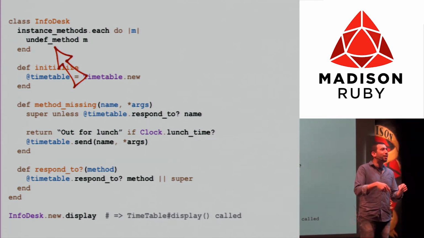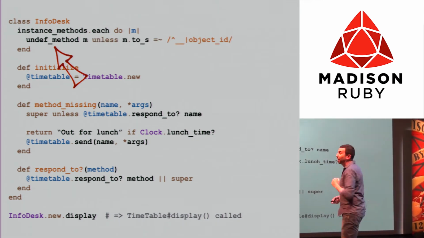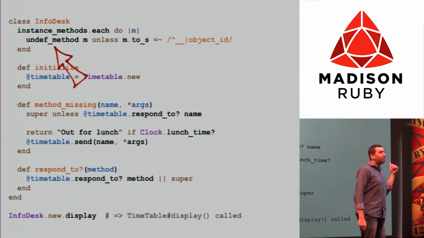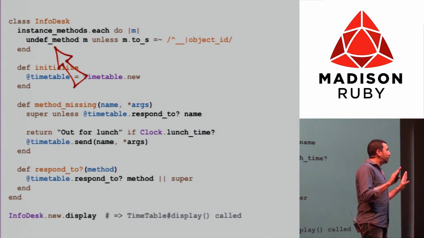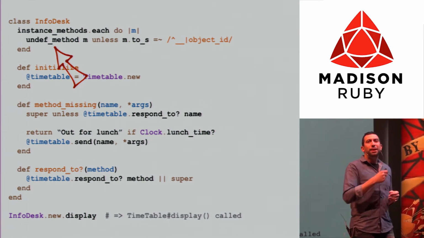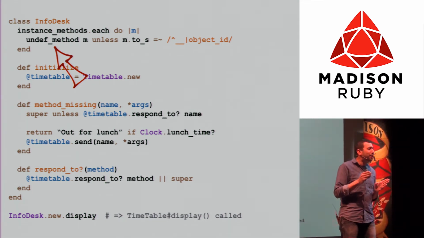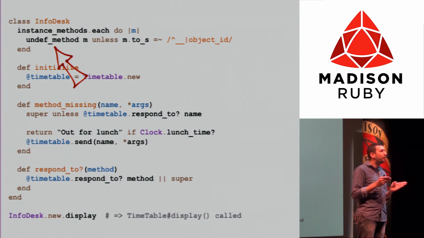They are used inside the interpreter. For example, the methods that begin with a double underscore and the method object ID, those are absolutely essential. You don't want to remove those. And maybe there are other important methods. So you see, we are walking this tightrope, and it's a bit unnerving. Which methods should I remove?